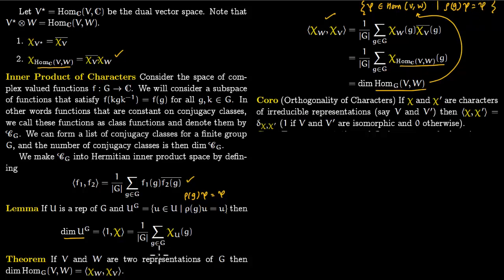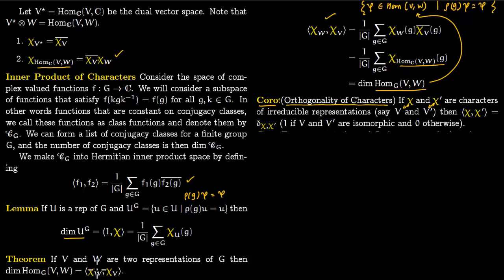After this theorem, we can prove certain corollaries. This is the most important corollary, for which we recorded this lecture: the orthogonality of characters. If chi and chi prime are two characters of irreducible representations, say chi for V and chi prime for V prime, then this inner product of chi comma chi prime is the Kronecker delta, which is basically 1 if V and V prime are isomorphic and 0 otherwise.